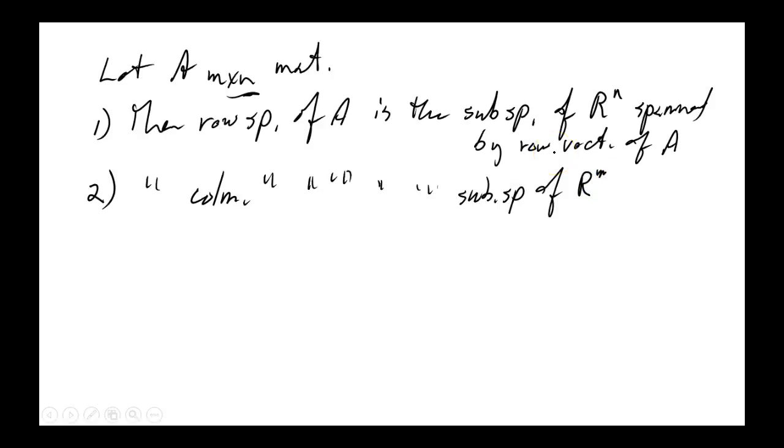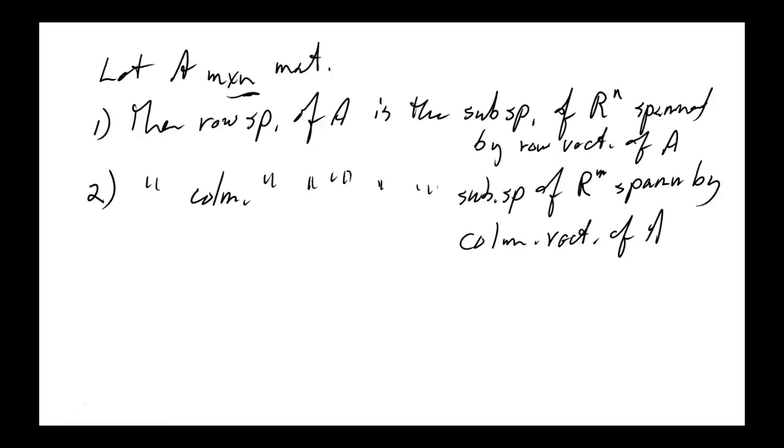Because you have m rows, so it's a subspace of Rm, spanned by the column vectors. Same definition. And again, that doesn't mean it's a basis or anything. It just spans it. They'd have to be linearly independent for it to be a basis.